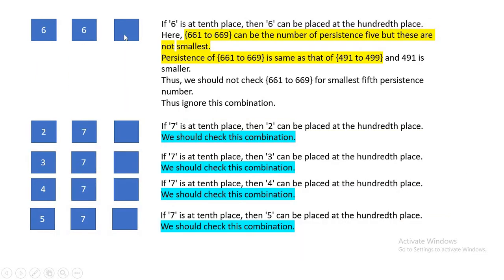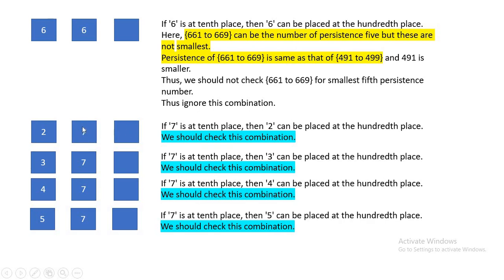Here 661 to 669, instead of that we should calculate the persistence of 491 to 499. You can see here that 6 times 6, or 2 times 2 times 3 times 3, is 4 times 9. Both persistences are the same, and this is smaller, so we'll check 491 to 499.